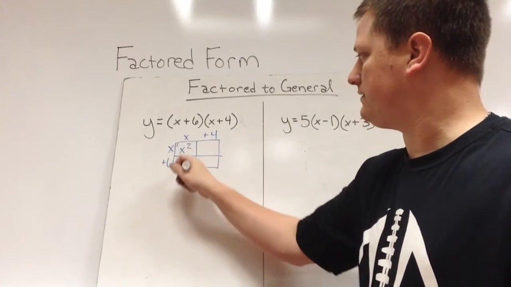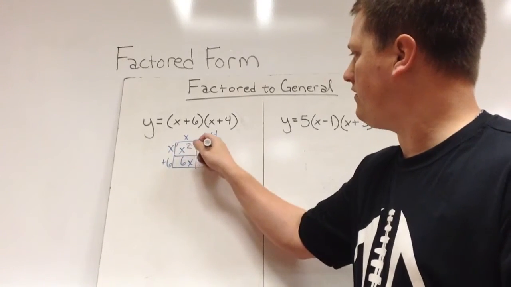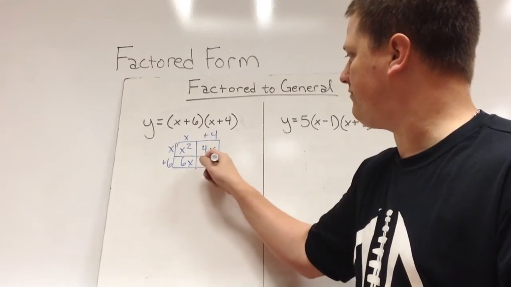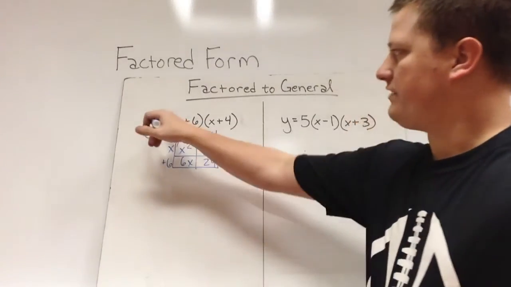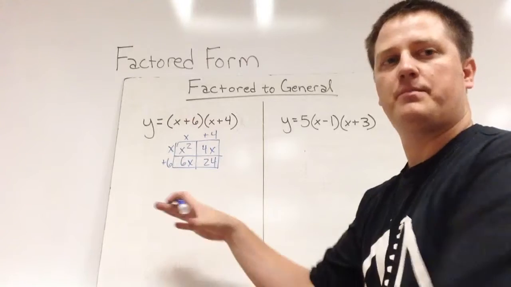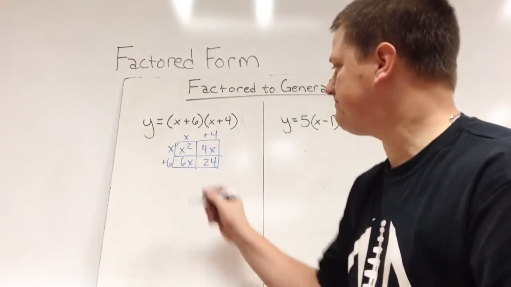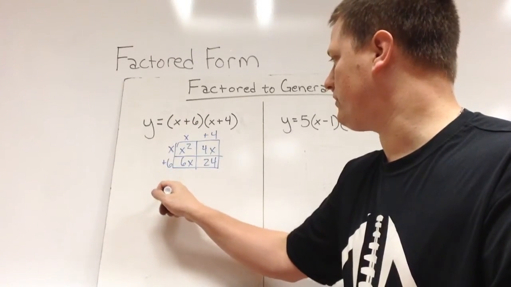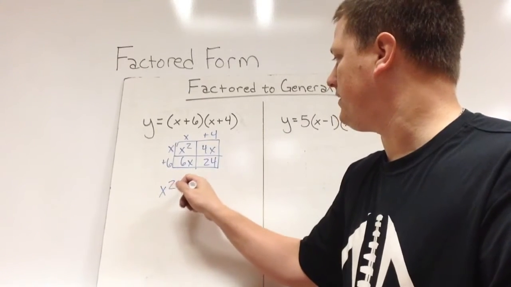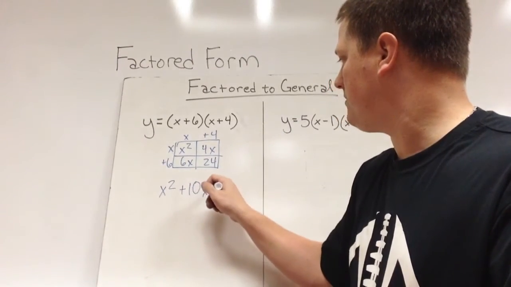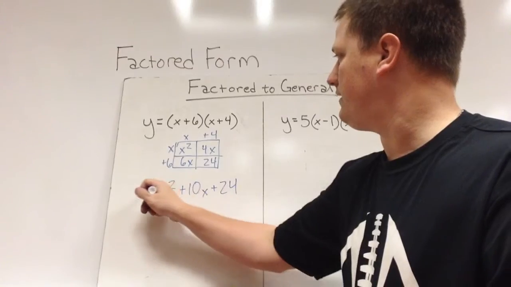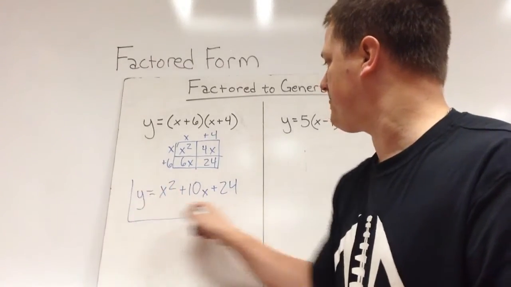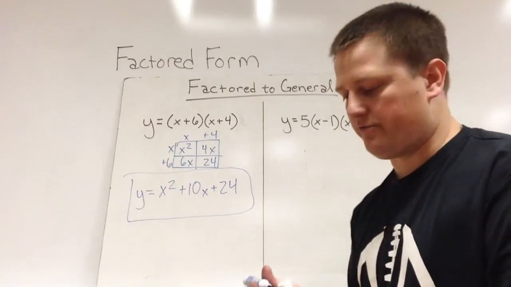X squared here. 6x. 4x, and 24. If there was an a in the front, then we would distribute after we've done our Punnett square. So we're going to get x squared plus 10x plus 24 equals y. And that's now in general form.